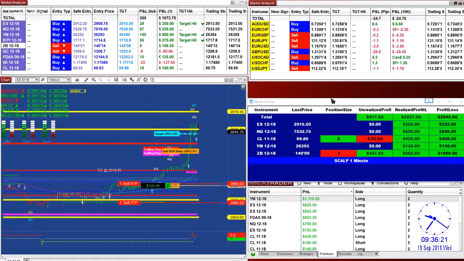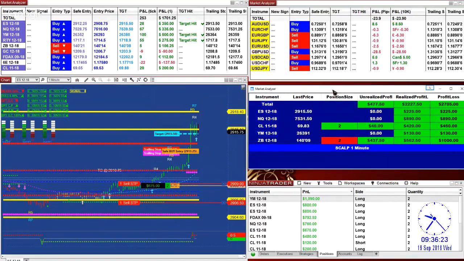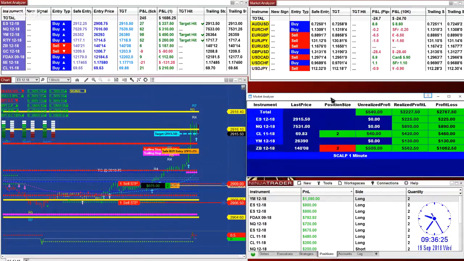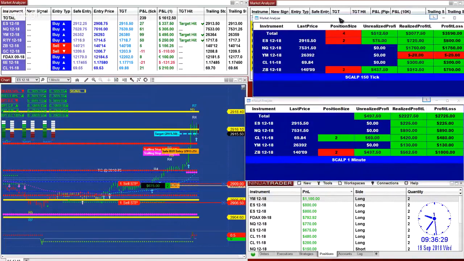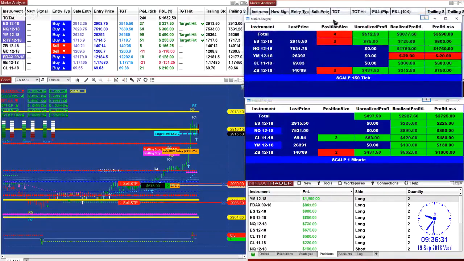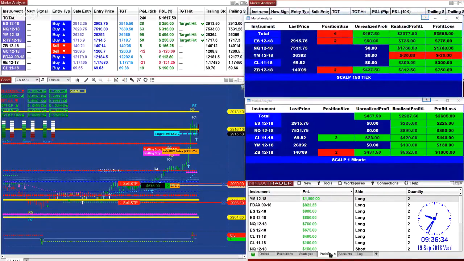The blue market analyzer here is the scalper, and we use two different scalpers. We use a 1 minute and 150 ticks scalper, and this is your 1 minute and your 150 ticks scalper. At the bottom here, we do have the swing trading, and I will be showing you some of the swing trading here.